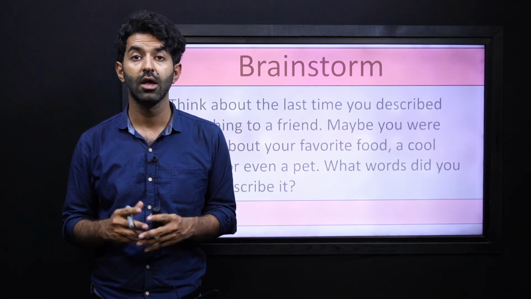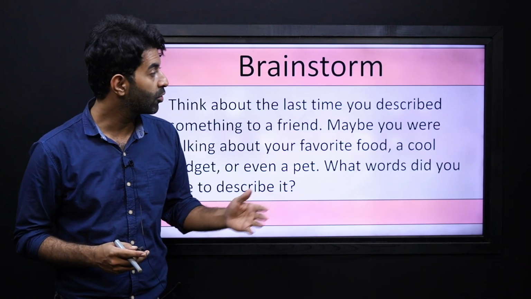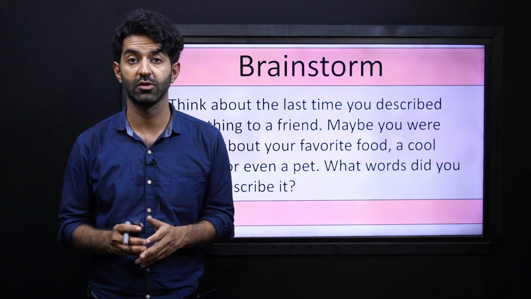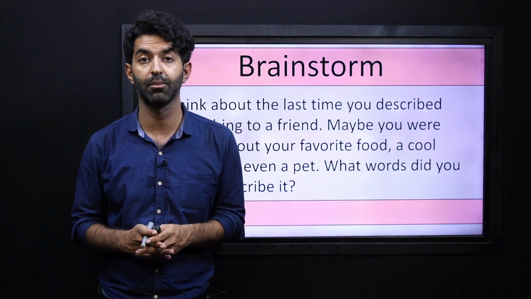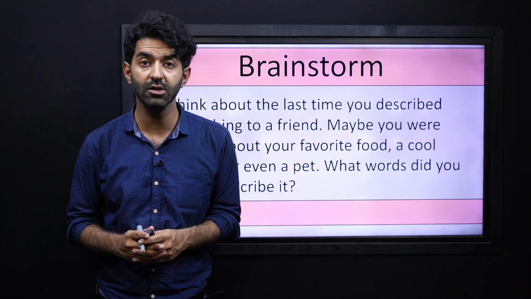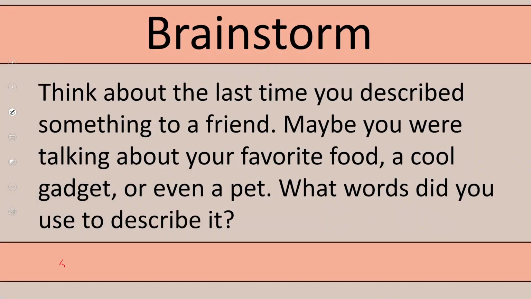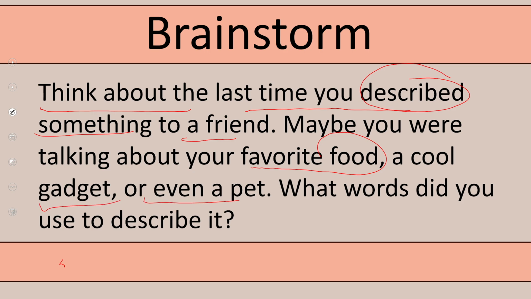And now students, brace yourselves because we are going to do a very interesting brainstorming session before we begin our main lesson about identification of adjectives. Read this, and let me read it for you, and then you have to think about it and do it. Think about the last time you described something to a friend. Maybe you were talking about your favorite food, a cool gadget, or even a pet.